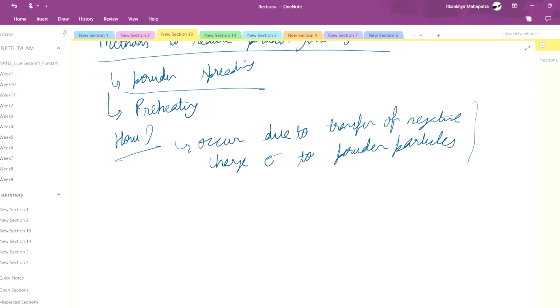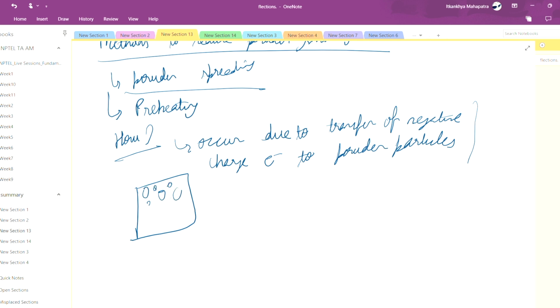Not exactly. Somewhat. Where was I? This occurs due to transfer of negative charge electrons to powder particles. Is that option related to your assignment? Yes, okay.